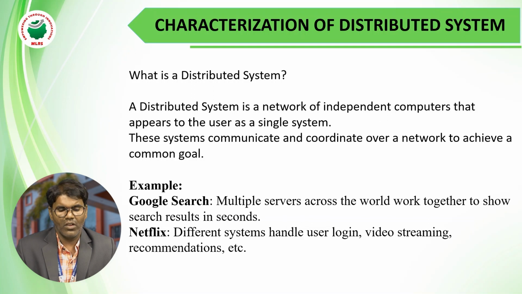That is the example of Google search. The next example is Netflix. In Netflix, if we want any movie or songs, we can search and stream the movie. These two are the examples of distributed system.